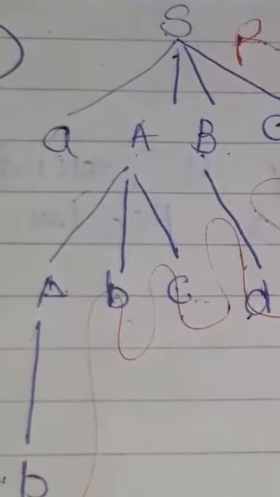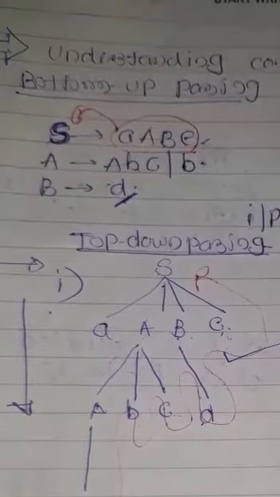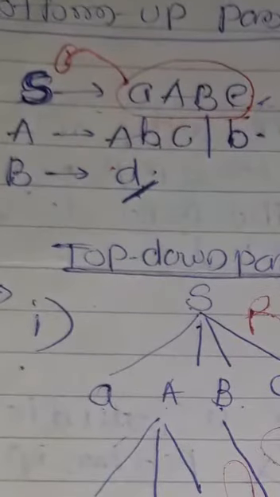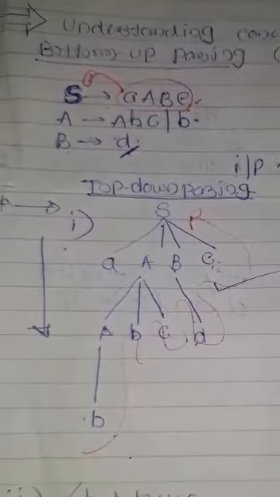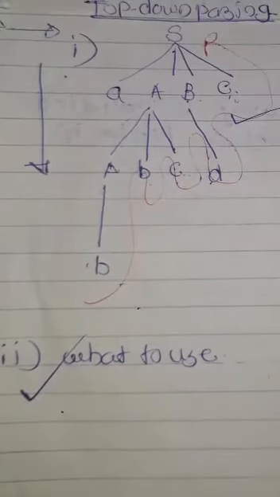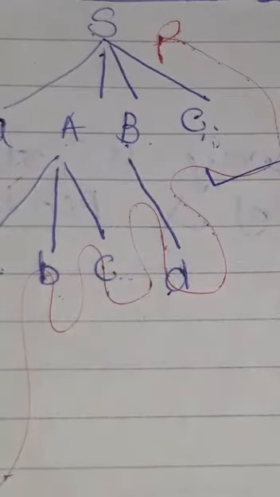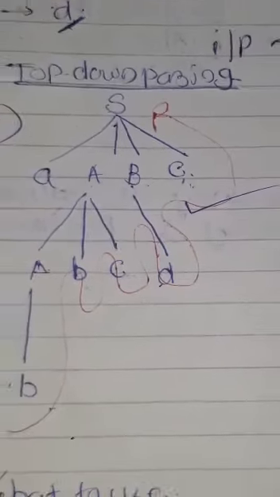So here we will write capital A, b, c. Again we see that A produces small b, so we will write over here small b. Now next, capital B produces d, so we will write over here small d.